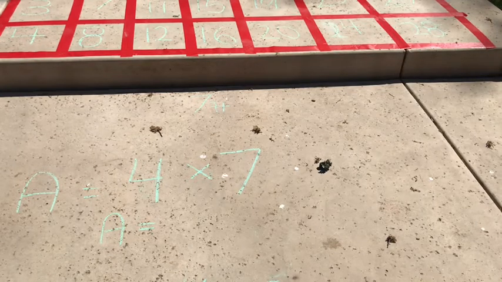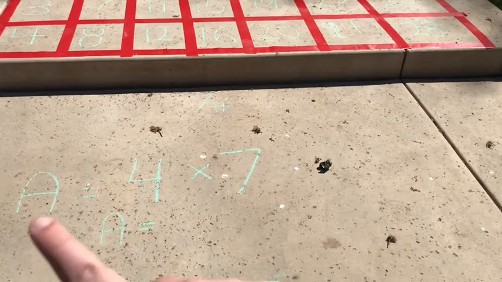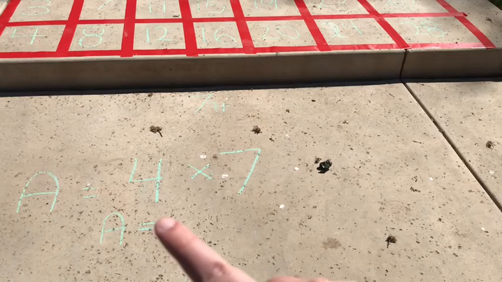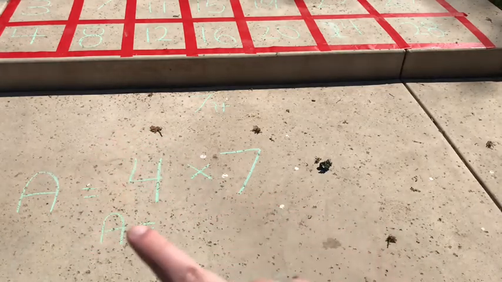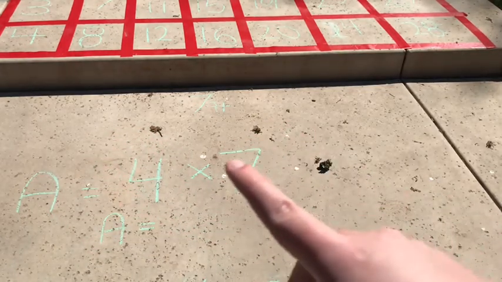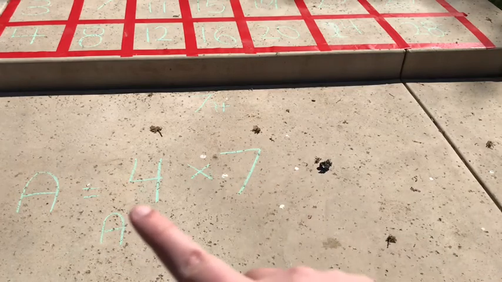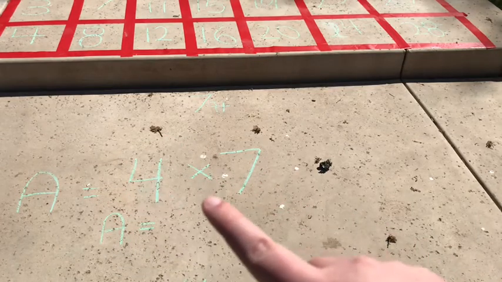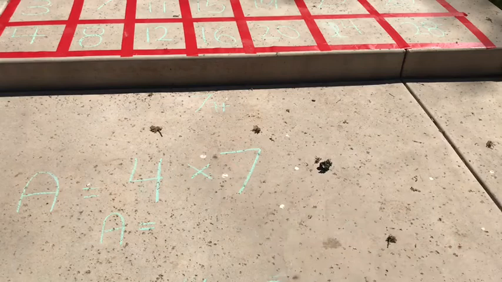And I'm going to do that by checking my answer using the other strategy. So our other strategy was using our formula, area equals our length times our width. So that is 4 as our length and 7 as our width. So let's solve that. 4 times 7.